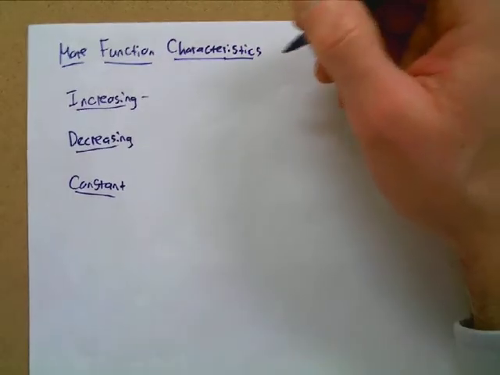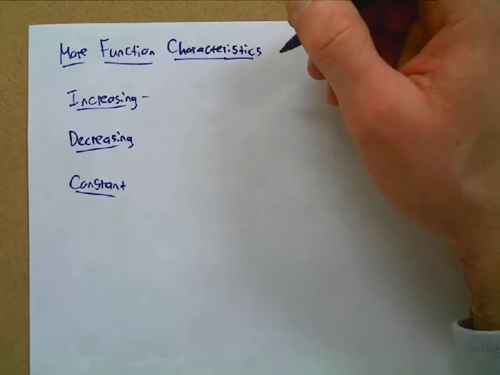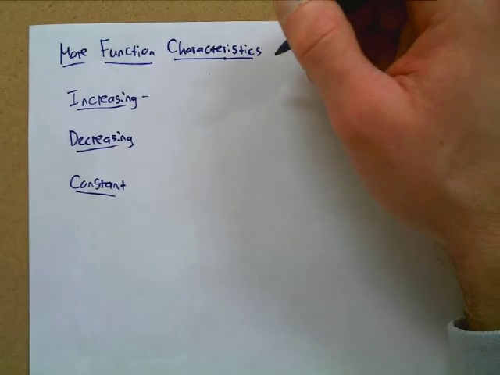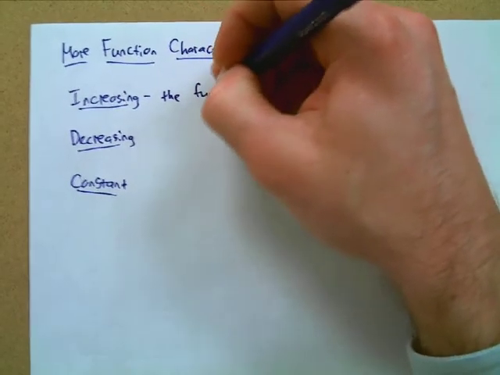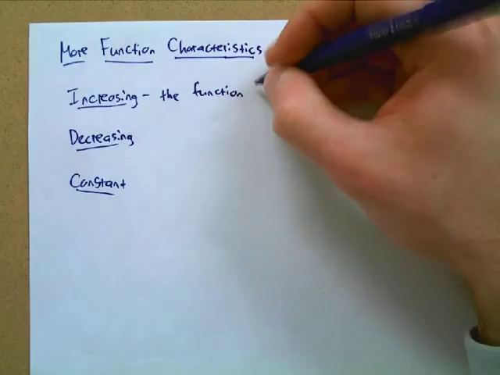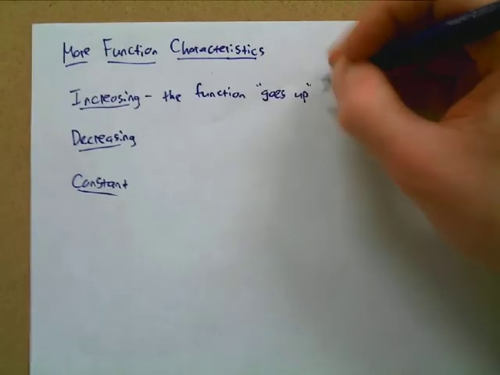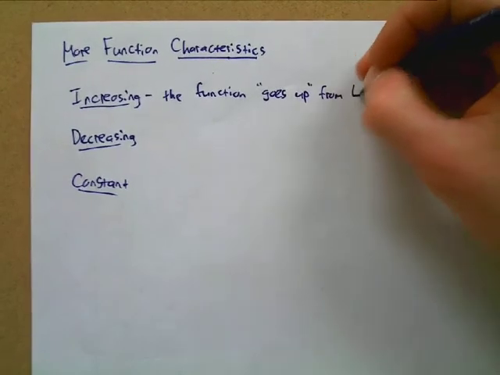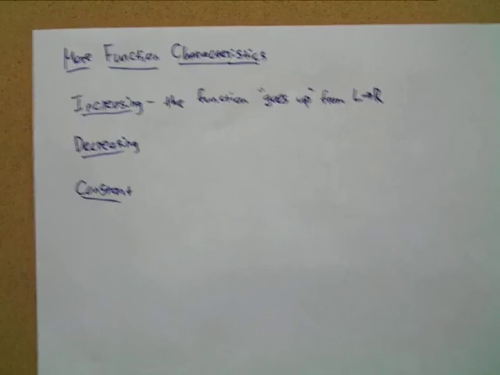What do you guys think? We're going to look for when the function does what? Goes up, yeah. But we want to be careful. It needs to go up from left to right. The function goes up from left to right.